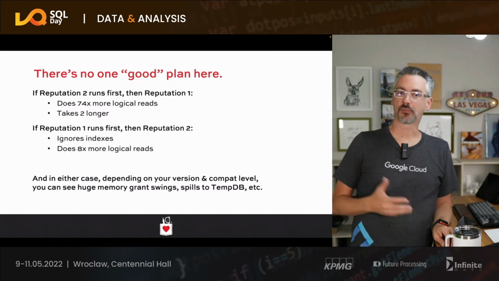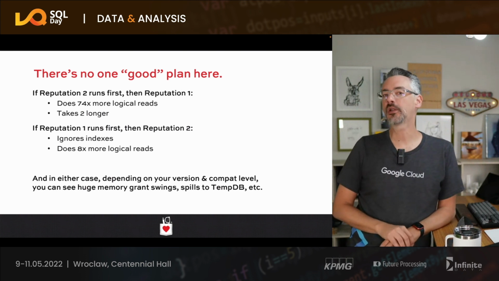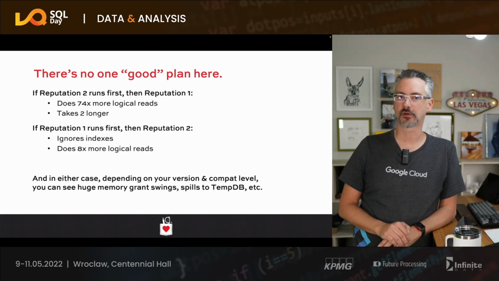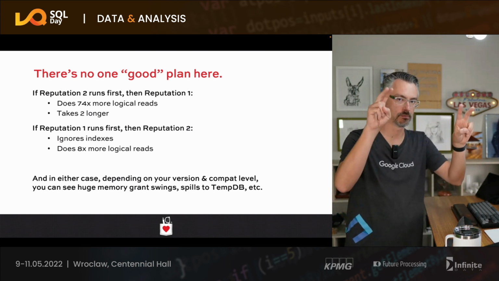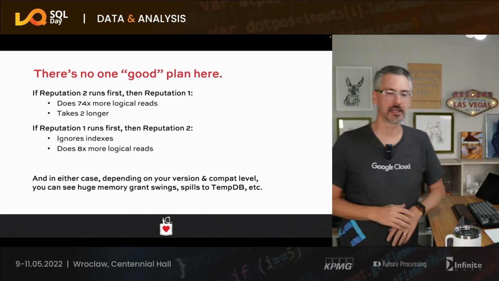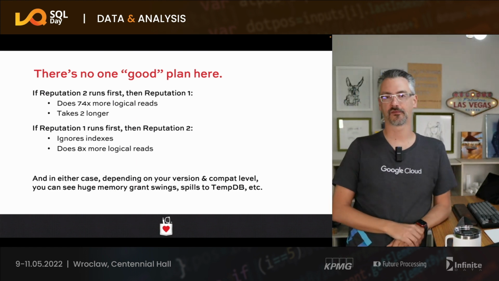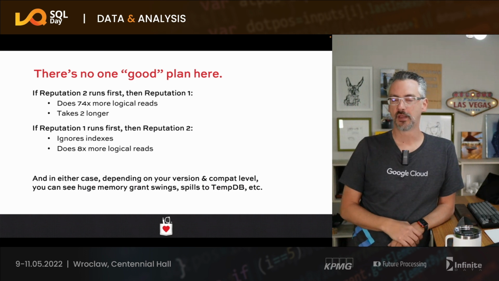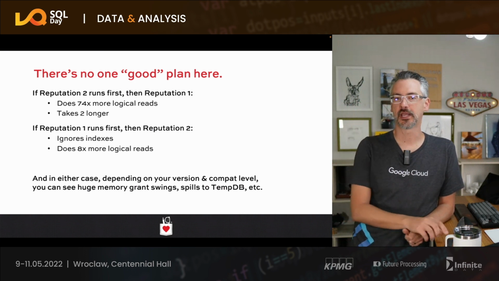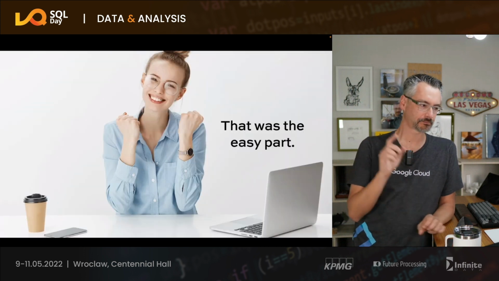So this is an interesting problem for me. There's no one good plan here. I get frustrated when I see people talk about parameter sniffing and they say the good plan or the bad plan. Oh, I wish my life was that easy. I wish there was a good plan for every single query that was out there. But in reality, I usually need a mix of different execution plans in order to make this work.